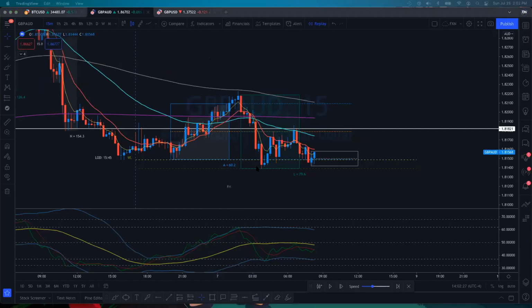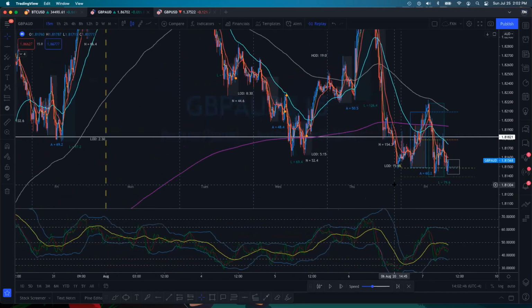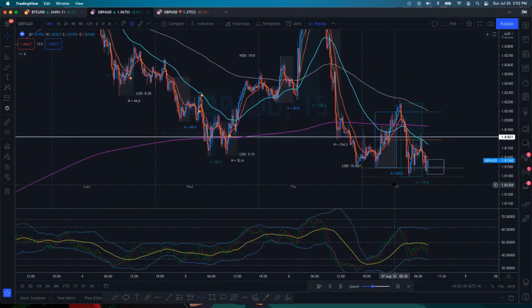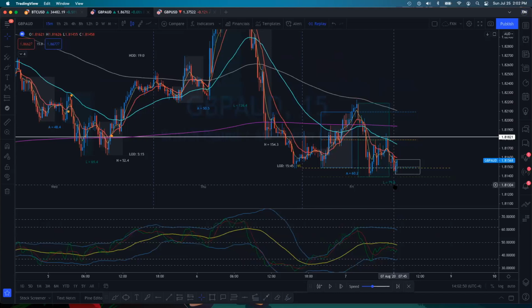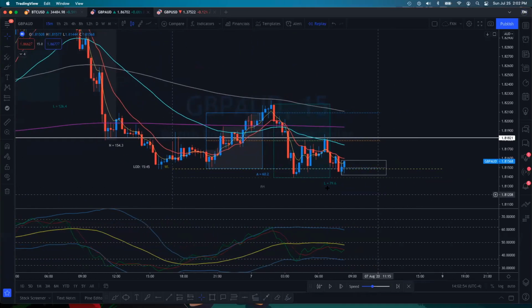Start to ask yourself, why are they not passing this? That's literally what you should be asking yourself. You're correct, it is a weak low, absolutely. But ask yourself, why are they not passing this?